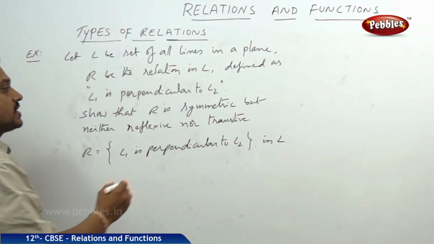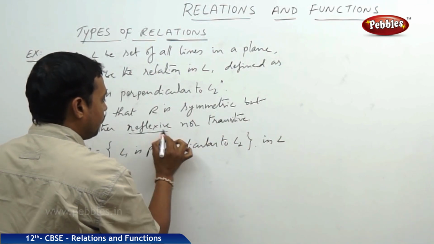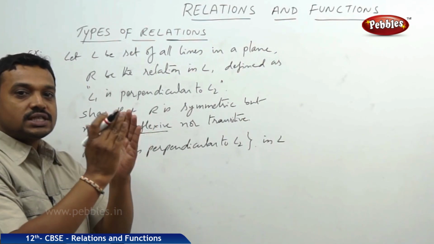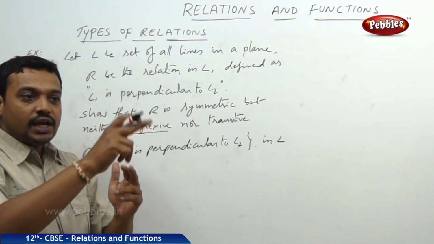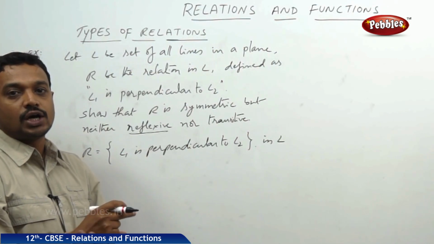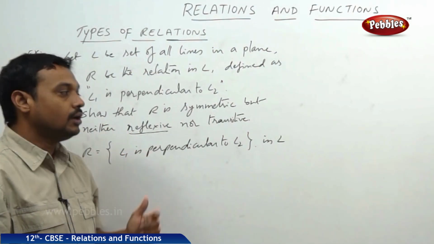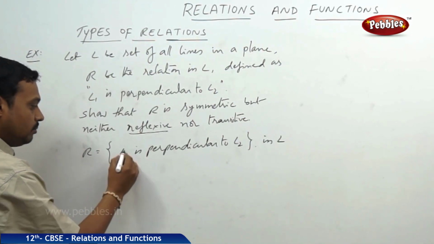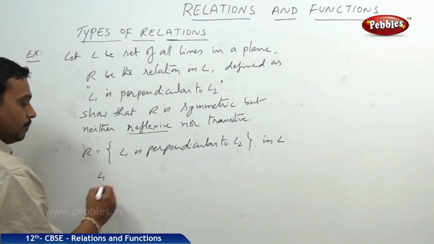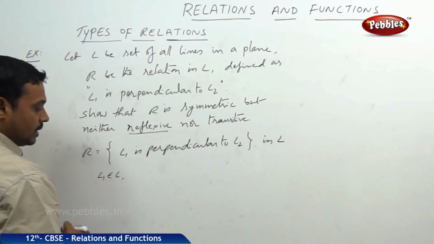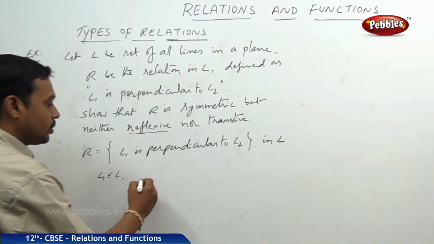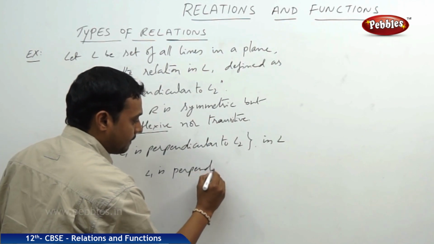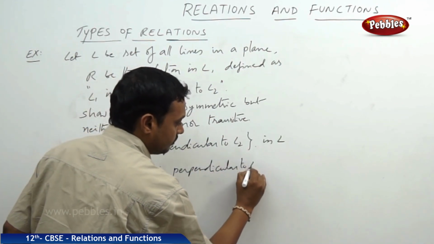Now, first of all, let us check whether it is a reflexive relation or not. What is the definition of the reflexive relation? For some A belonging to A, if A is related to itself, (A, A) belongs to R, then the relation R is said to be a reflexive relation. Now, here let us choose some line L1 belonging to L. Now, L1 is perpendicular to L1.